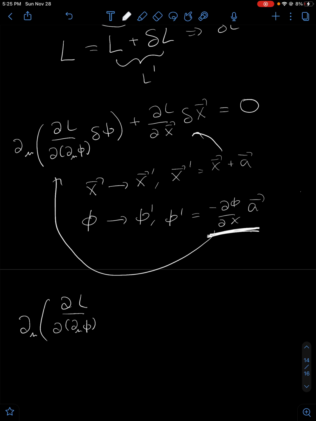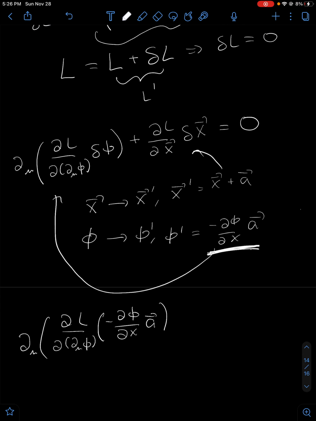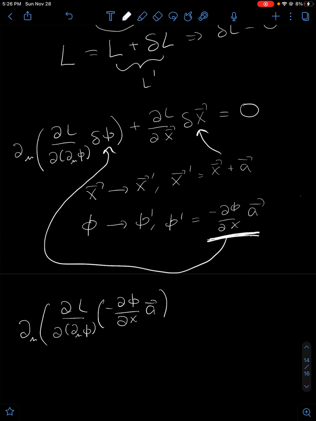So this is going to be replaced by that. So you have minus partial phi over partial x a vector. Again, we're just subbing this into this and this into this. That's just what we're doing right now.